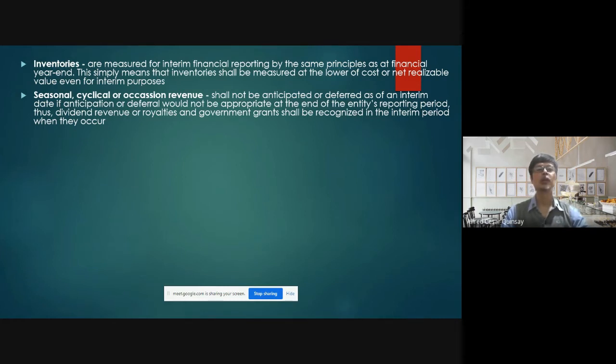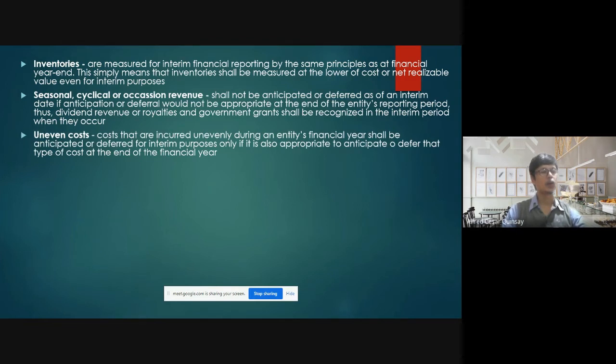So, this only states that, do not anticipate, no, or defer at the interim date, unless let's say for example a dividend was received during that, or they occurred during that interim period. So recognize as they occur.